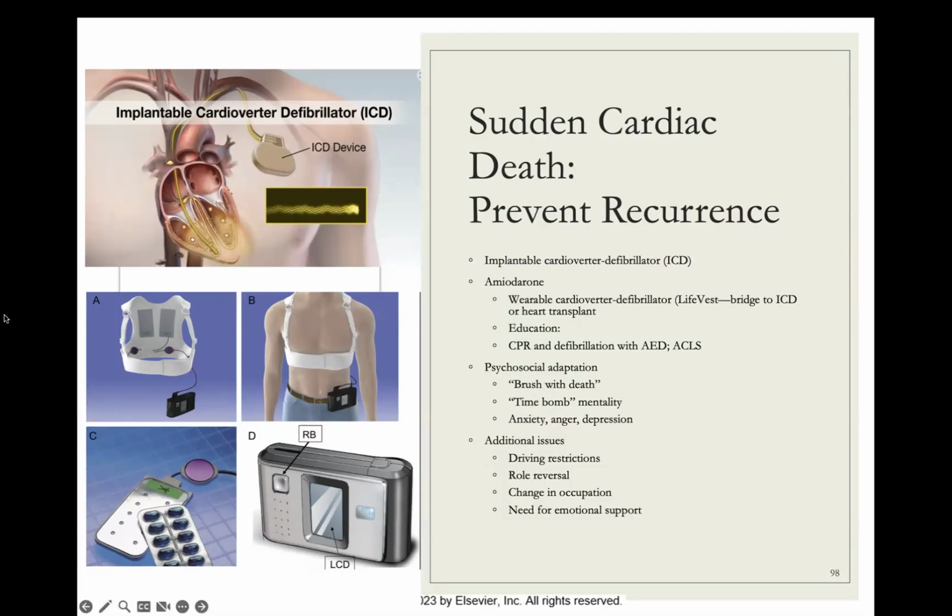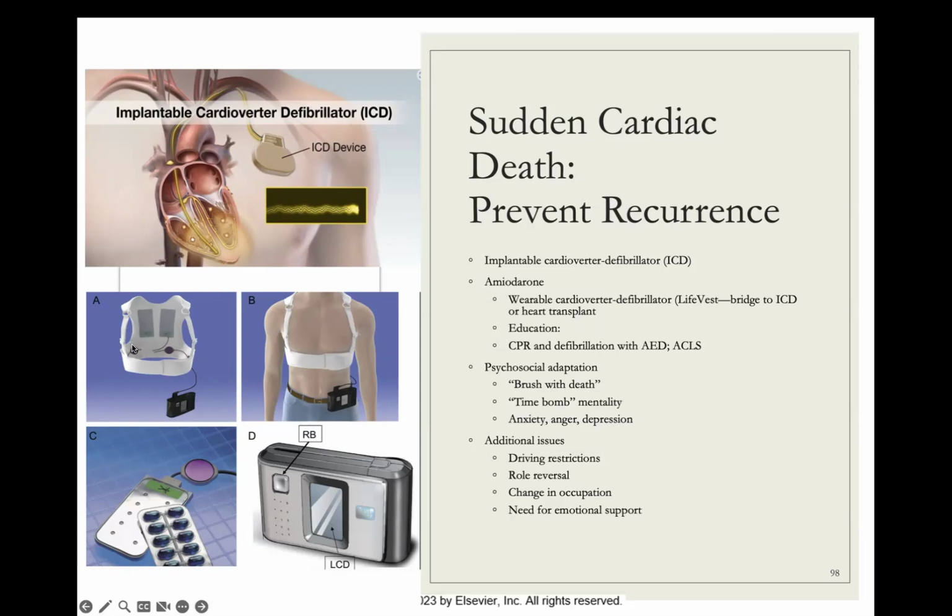to have an ICD placed, which is like a pacemaker that acts as a defibrillator. So if it senses a lethal rhythm, it can provide a shock to the heart and defibrillate the patient from inside the chest. And then after an MI, sometimes they'll have patients wear these life vests, like in this picture down at the bottom here, where there is a defibrillator.